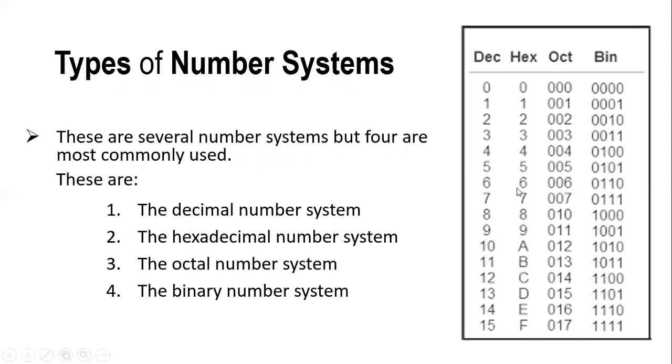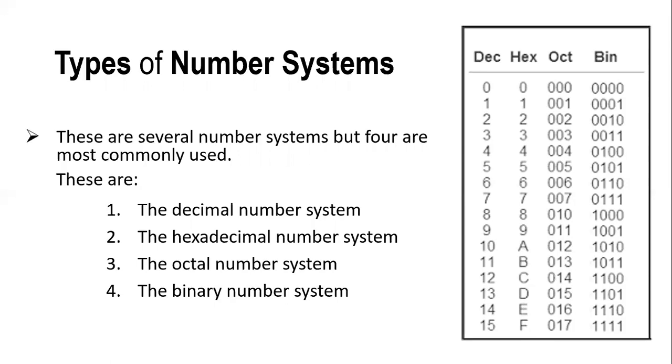So these numbers should be 16. Let's count them: 1, 2, 3, 4, 5, 6, 7, 8, 9, 10, 11, 12, 13, 14, 15, and 16. Till F, there are 16 numbers. That is why it is the hexadecimal number system, base 16, and afterwards it's a combination of these numbers, as I told you before. All those numbers after this F will be combinations of these previous ones.